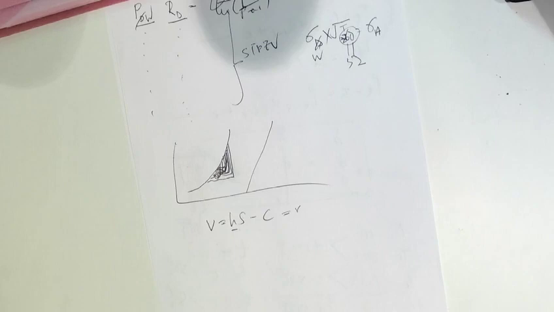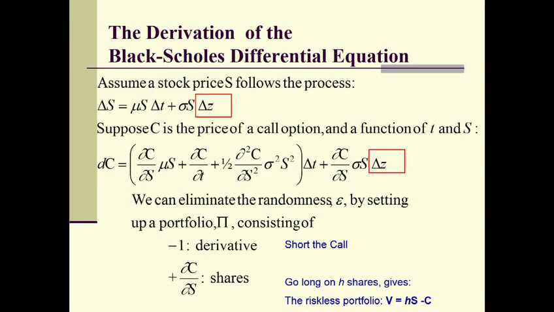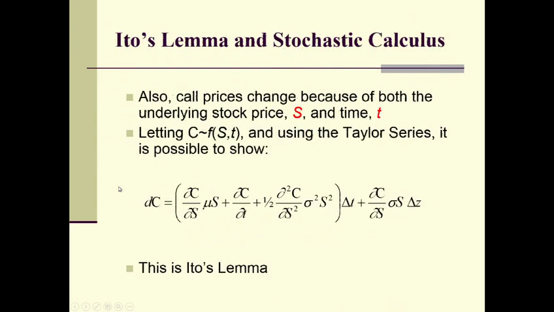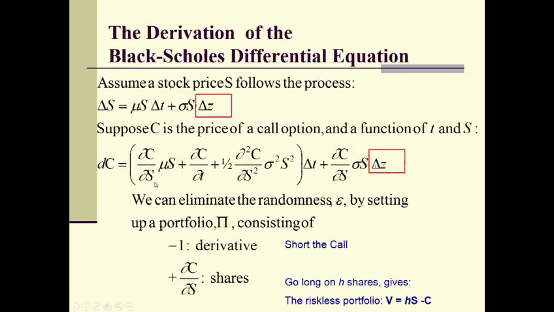So in the preceding slides, we have the formula for a stock, mu dS plus sigma dz, right? In this formula, we also saw the formula for a call.